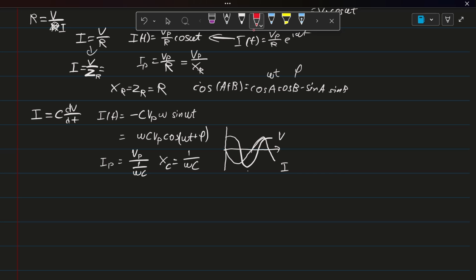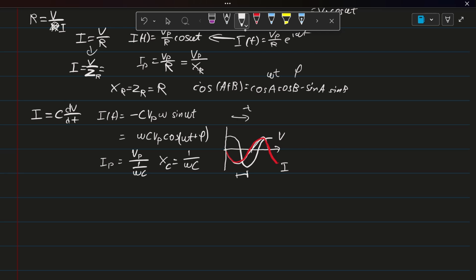So let's just use a different color. There we go. So what we see here is that there's a change of the phase, and it turns out that the current is lagging behind. Oh, sorry, it's not technically lagging behind here because the time is going in this direction.